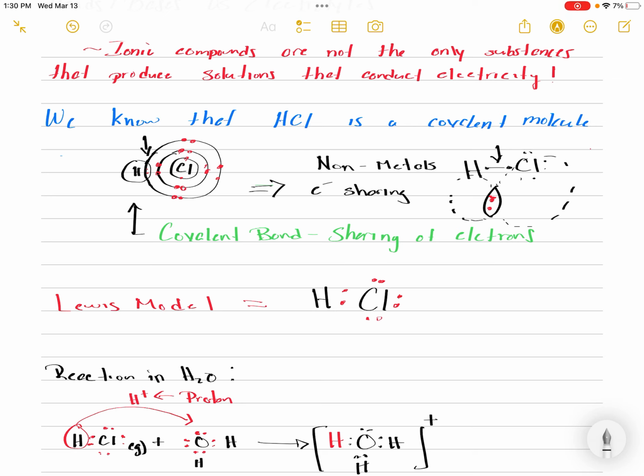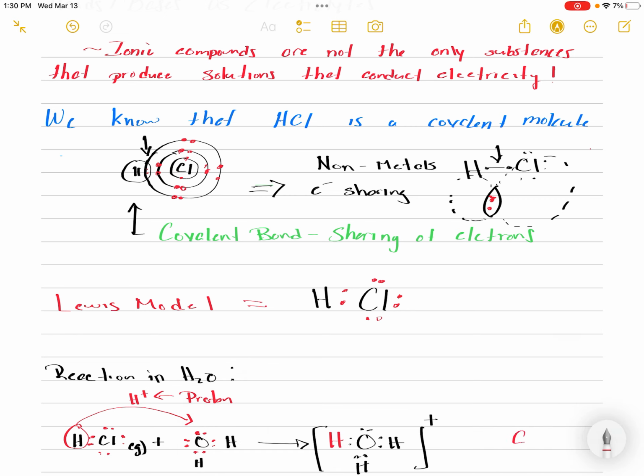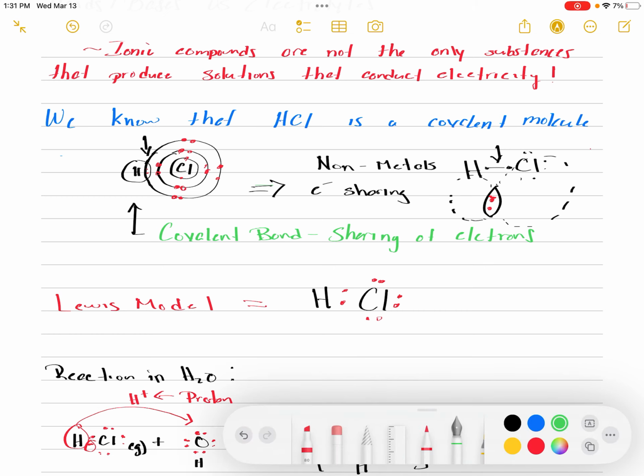Then the chloride ion is going to go off by itself, and it's going to become a negative ion because, remember, it still has that extra electron that it shared with hydrogen. So now we see that this hydrochloric acid is basically recombining to form this positive ion. Remember, this is a cation now.